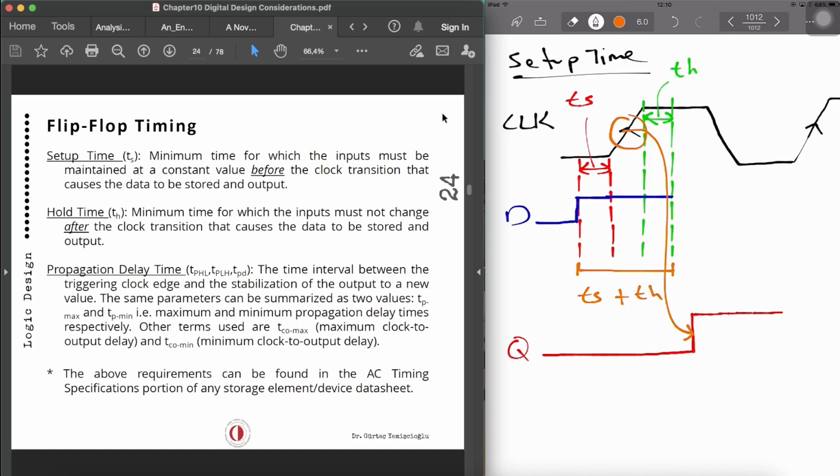So the first reaction is known as the minimum propagation delay. And somewhere here, we can have TP max, which is the maximum. Then we can change to any other value. Okay, so these are some of the timing parameters that we need to know in order to analyze flip-flop timings.